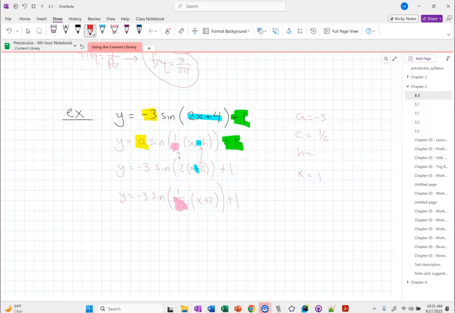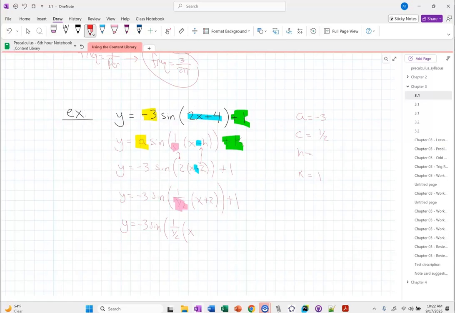Okay, Joe. All right, we got one thing left to do. In our general form, we should have x minus h. In our problem, we have x plus 2. How do I resolve that plus 2 and make it minus something? You have to put a minus on the outside.